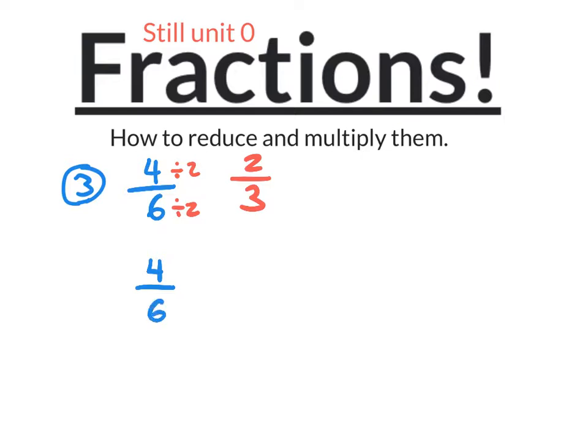The 4 over 6, you could change the 4 to look like 2 times 2, and you could change the 6 to look like 2 times 3, and then you could say, oh, the 2 on top and the 2 on the bottom cancel out. And your answer is 2/3, right? Why would you want to do that? You probably don't want to do that. But it's good to understand it because, like I said, many things that we're going to cover in the future in this class, it's good to understand how they cancel out like that and they become 1.